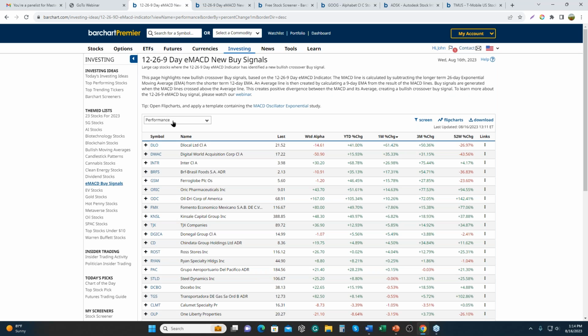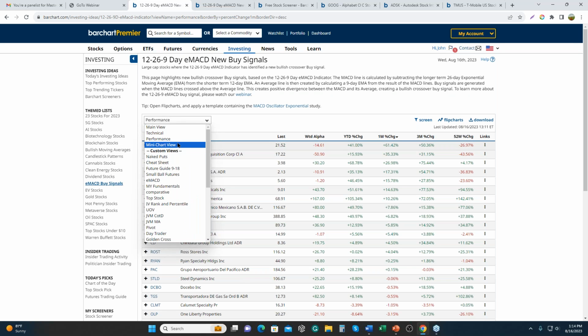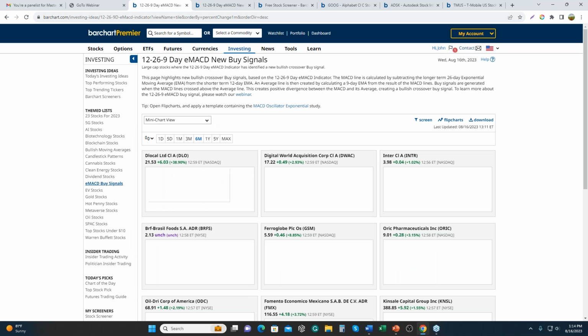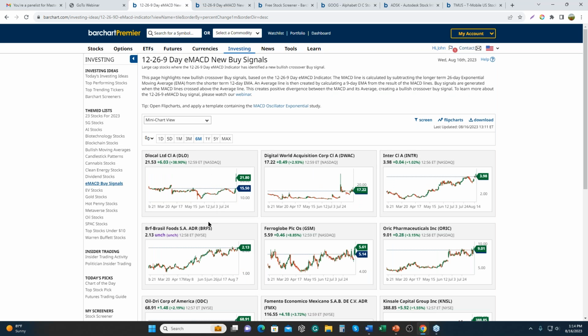Another aspect of the screener is the mini charts. Now, the mini charts is a feature that is for Premier and Plus subscribers. And what's nice about this one is it gives me a little chart here that I can quickly look at.